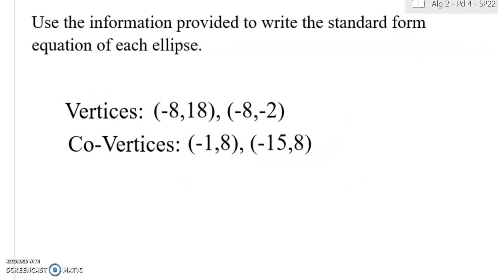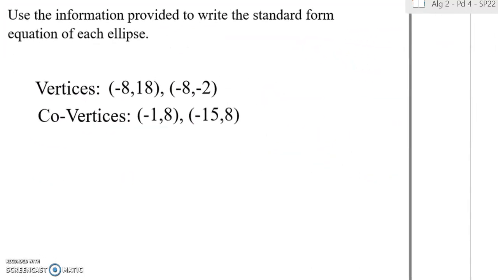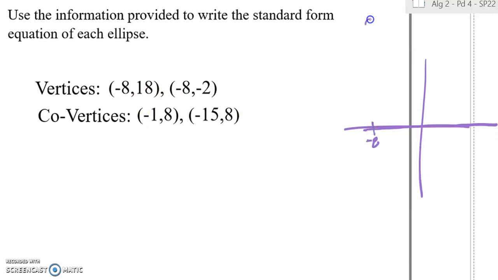All right, so now we have basically exactly the same problem. The only thing is when I look at it, there's no zeros, which means my center is not at the origin. If you wanted, you could definitely put up a little sketch to help yourself. I go negative 8, 18, and negative 8, negative 2.